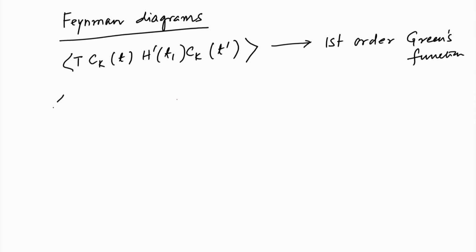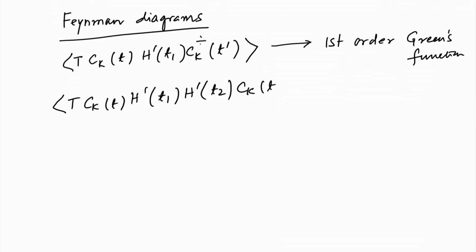And similarly, this one gives rise to a second order, and so on. This is second order Green's function, and so on. So, let us write down at least a first order Green's function, as we have seen earlier.